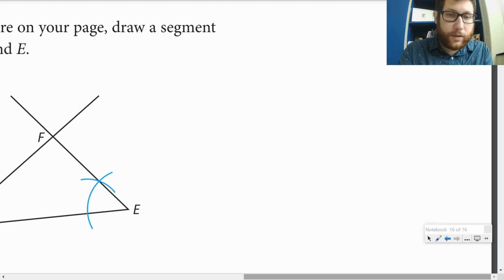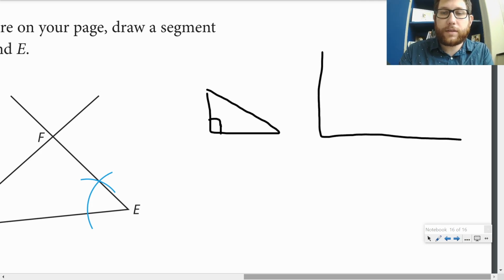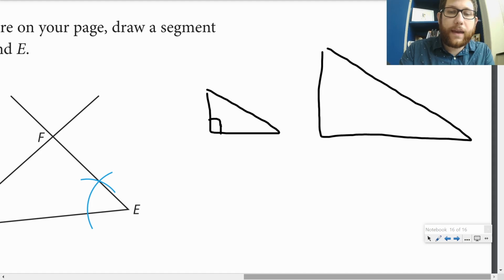So, for example, let's say we've got a right triangle here. Congruency means all the sides and angles are congruent. Similarity means all the angles are still congruent, but the sides are proportional. Proportional means, so let's just say this is 1, 2, and I can't say 3 because that wouldn't work as a triangle.